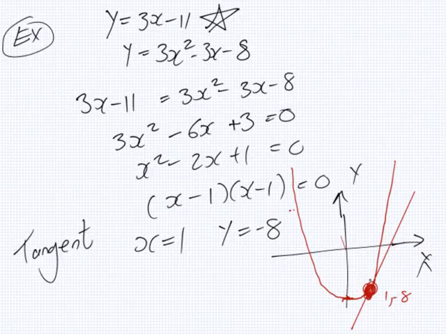Right, so the next one now is a little bit trickier, but you don't need the graph for the next one, but it's still the same idea that there's two solutions. So I'll do this one if you want to write it down, please.